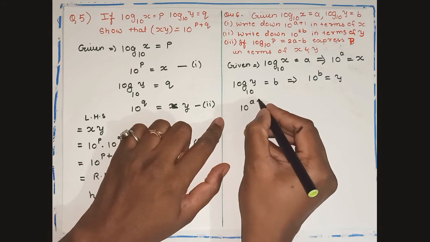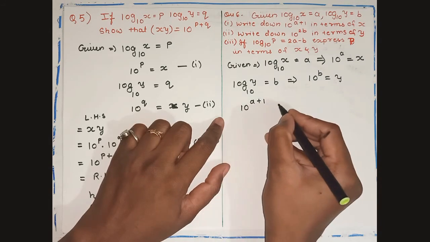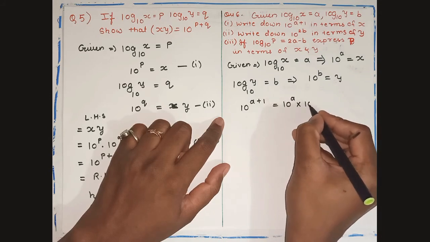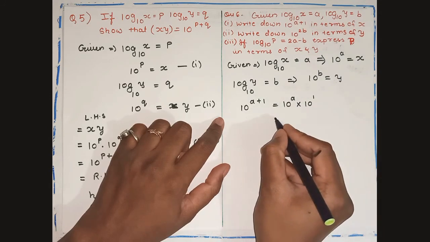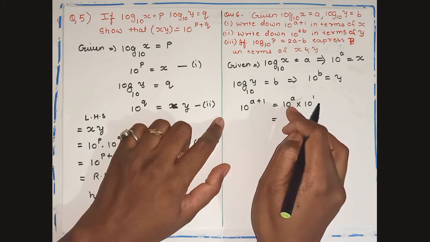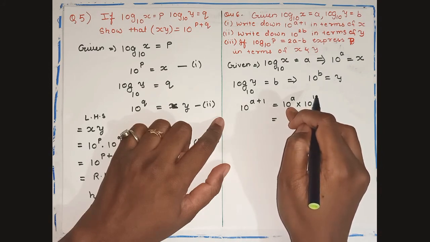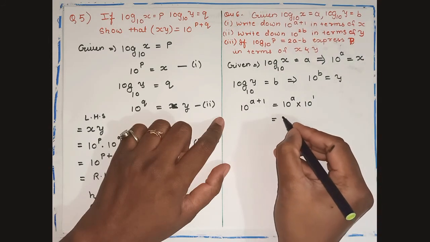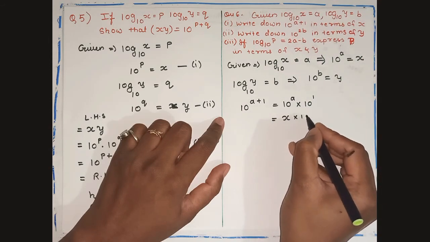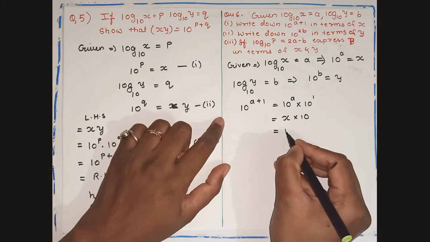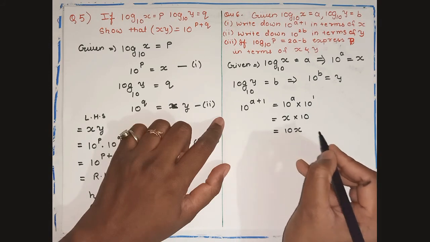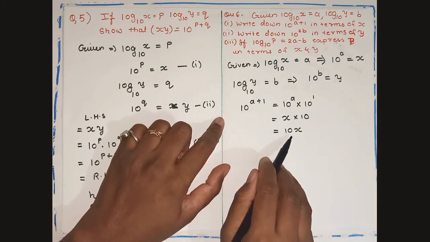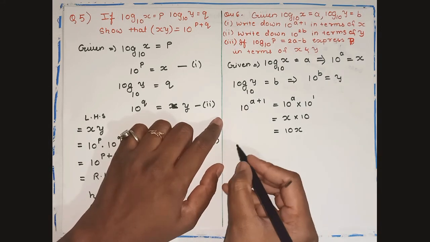It means 10 to the power a into 10 to the power 1. You know 10 to the power a means your x. So this will be x into 10, so 10x. So 10 to the power a plus 1 equals 10x.